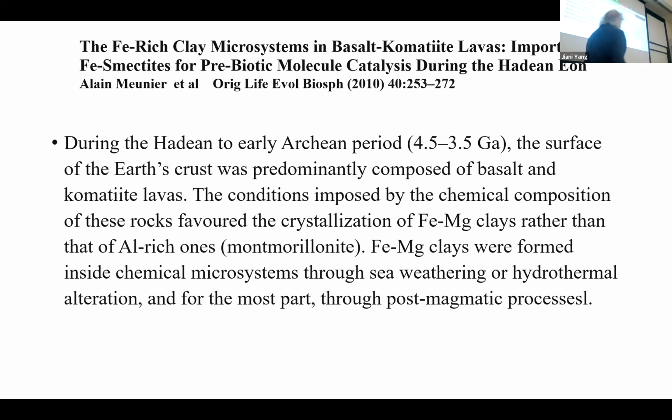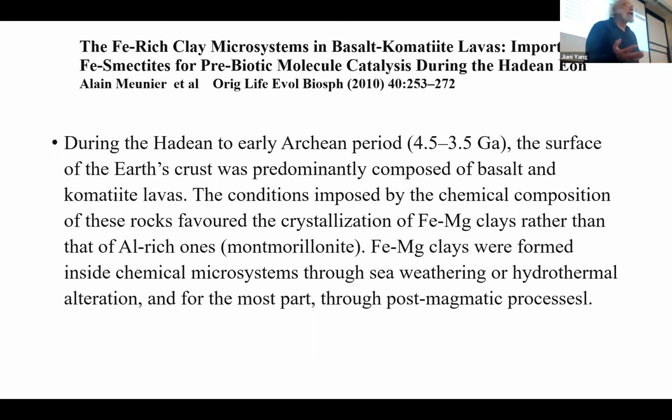The conditions imposed by the chemical composition of these rocks favored the crystallization of iron and magnesium clays, rather than aluminum-rich clays, which we find on Earth. Iron magnesium clays were formed inside chemical microsystems through weathering or hydrothermal alteration, and for the most part, through the post-magmatic processes.